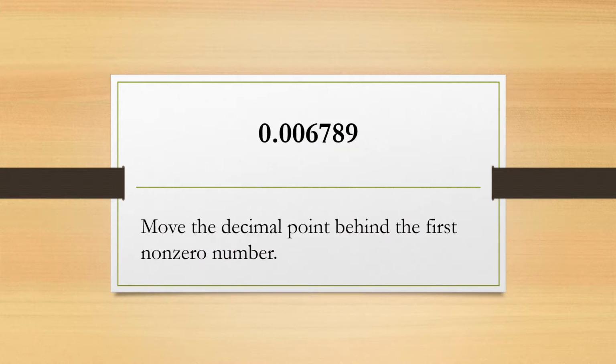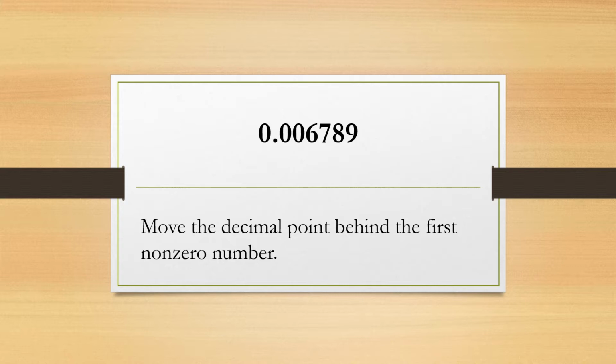Let me just show you what I'm talking about. Here's a good number. Here's 0.006789. Now, this 6789, that's way less than 1. See, it's a decimal. It's got a 0 and a decimal space there, and then some zeros, and then the 6789. So that's way less than 1.